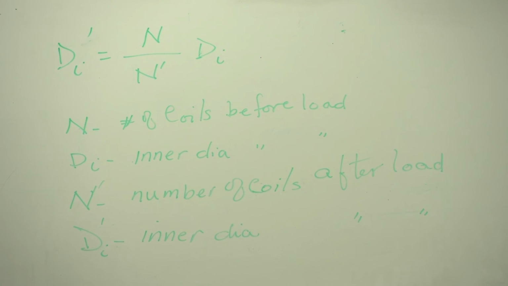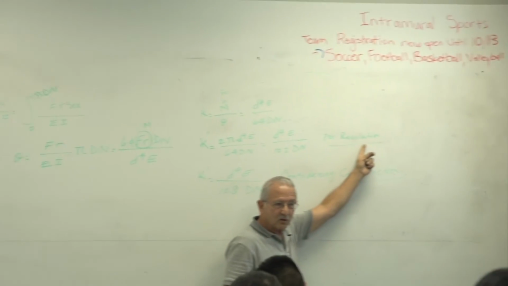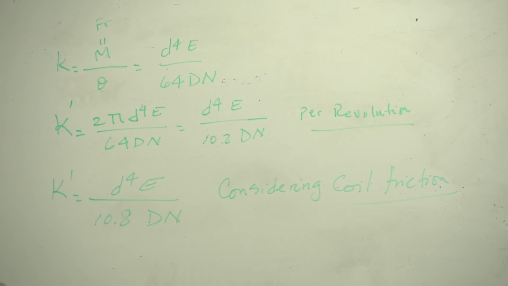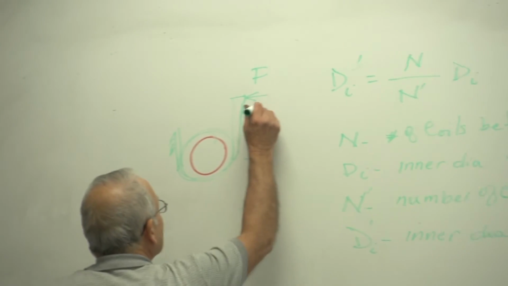So, once you find how much it has rotated, 1 revolution, 2 revolutions, half a revolution, a quarter of a revolution, you know how many coils you've added. The only thing that remains here is this question we haven't addressed yet.